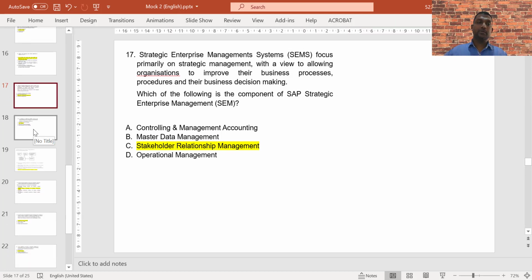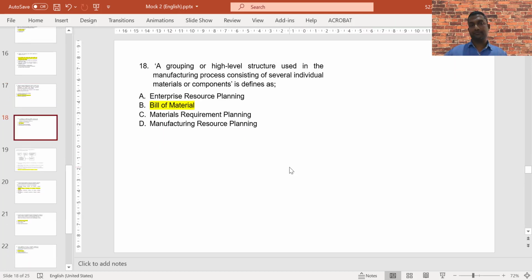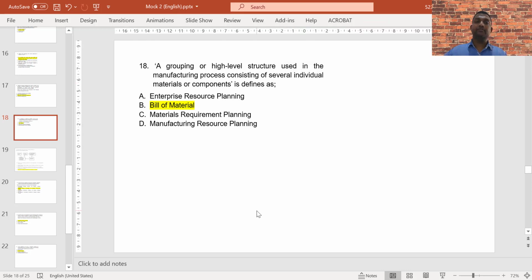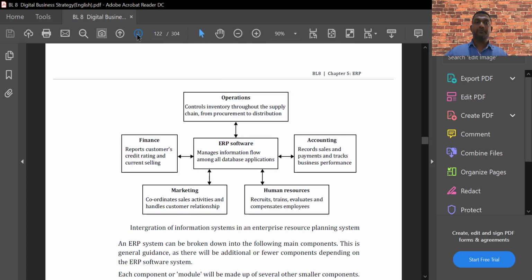Question number 18. A grouping or higher level structure used in the manufacturing process consisting of several individual materials or components is identified as. So this is again a bit familiar explanation. We'll see how this is explained in the textbook.